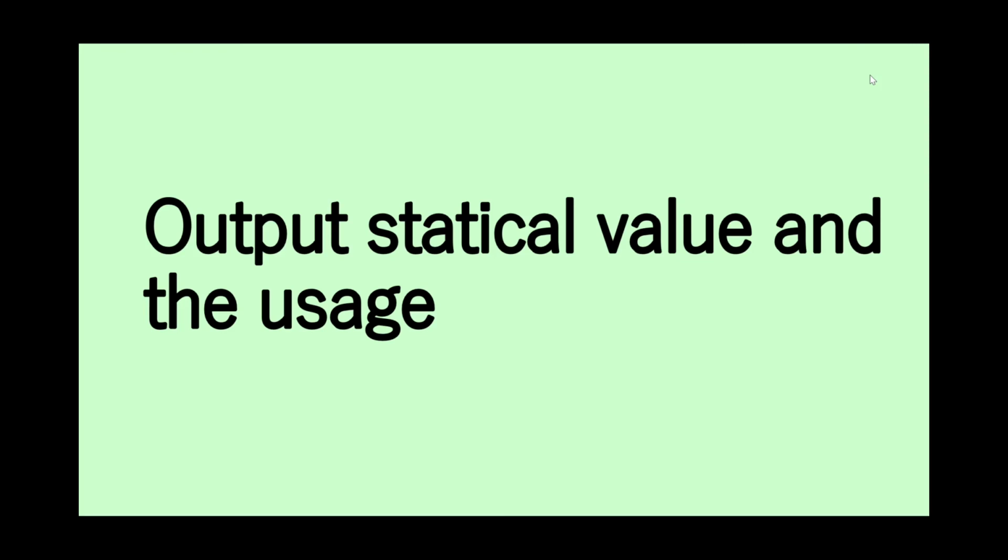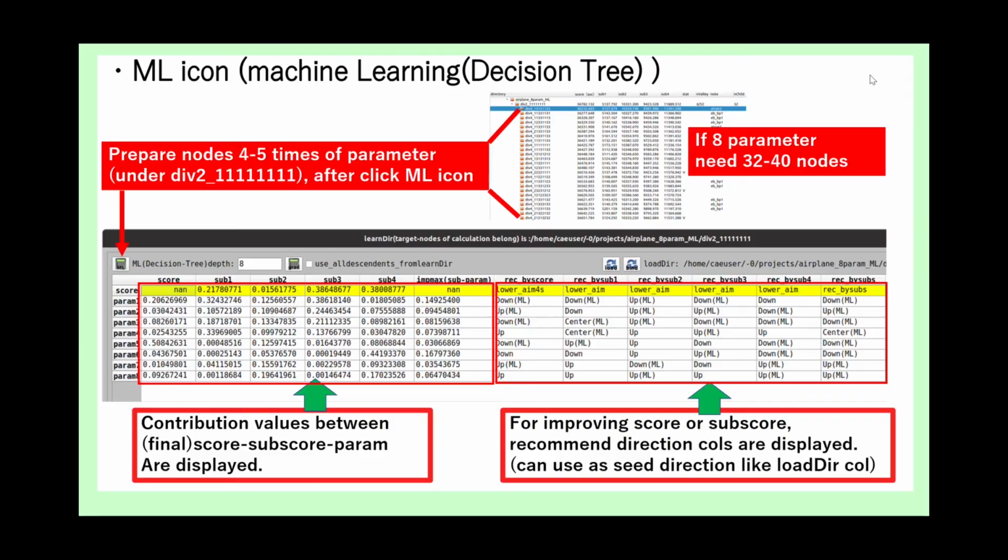Output statistical value and the usage. By clicking ML icon, final score, subscore, and parameter contribution value are calculated. But to achieve accuracy against parameter amount, 4 to 5 times nodes data is needed.